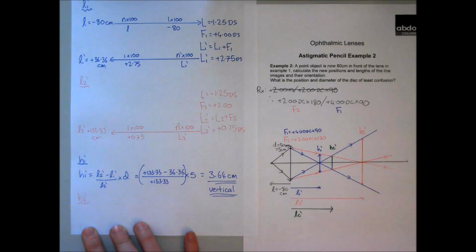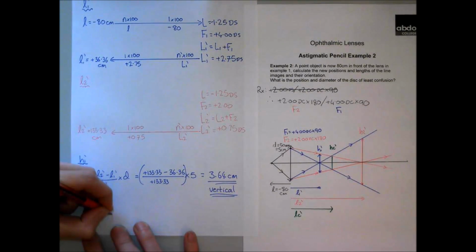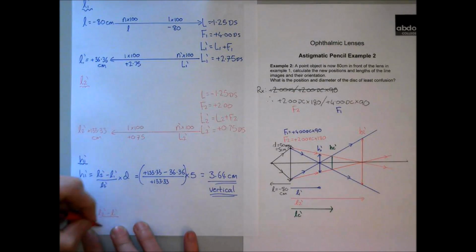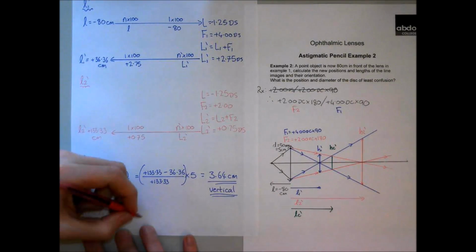Next thing we're going to find is H2 dashed, the size of the second line image. When we're looking for H2 dashed, the formula is very, very similar. H2 dashed is equal to L2 dashed minus L1 dashed over L1 dashed times by D. So let's pop some numbers into there.